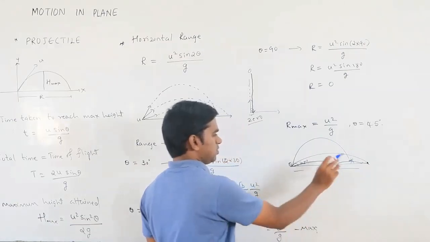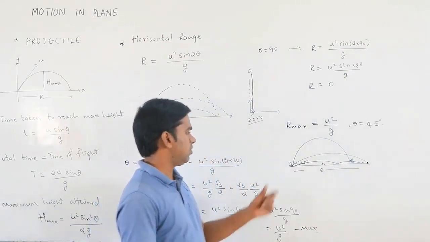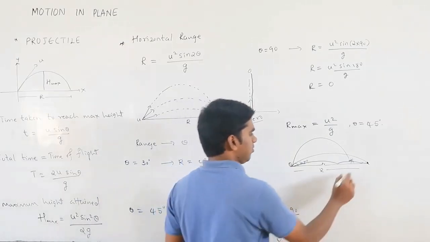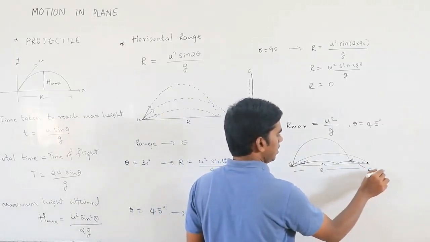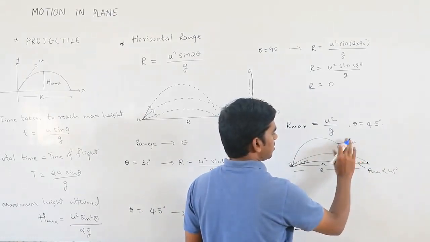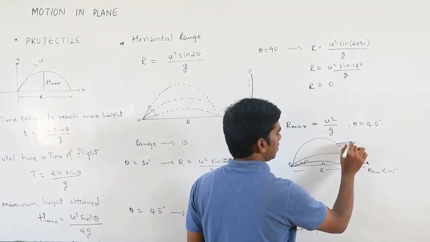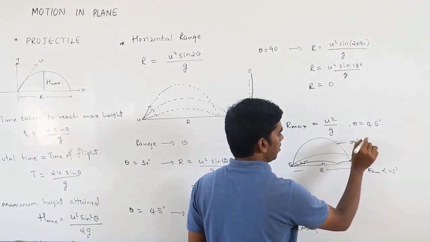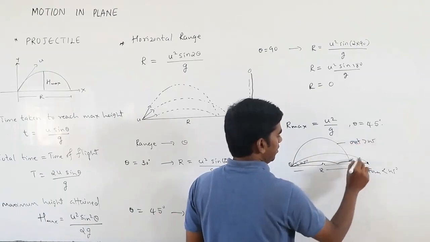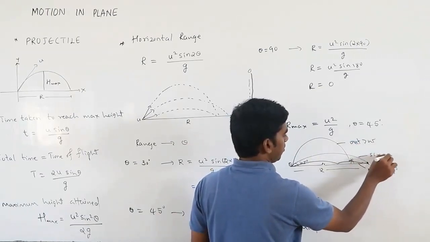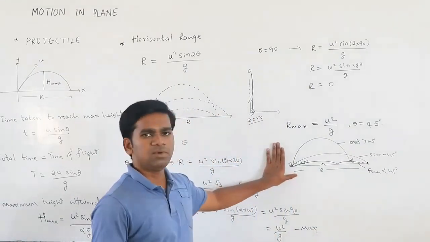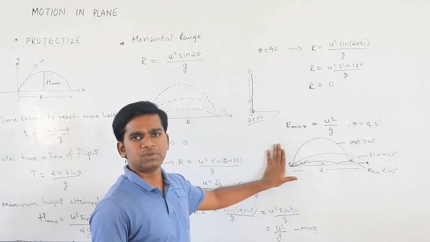So it is going for 4 for angle less than 45 degree, you are going to be out for angle more than 45 degree, and you are getting 6 for angle 45 degree. These are the things a batsman should know, how much angle we should give.